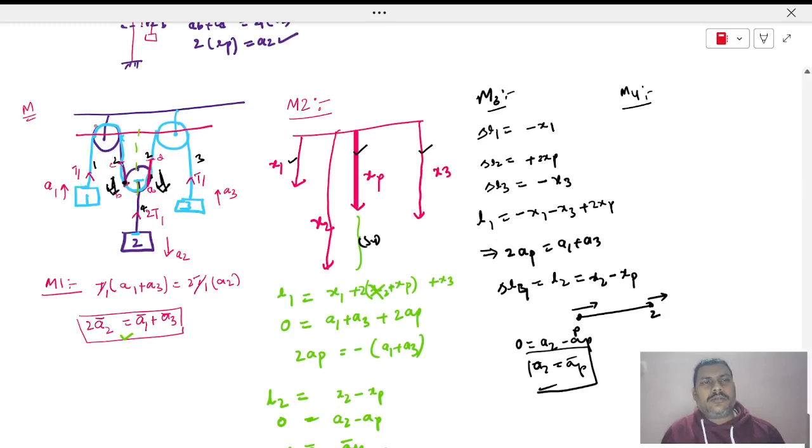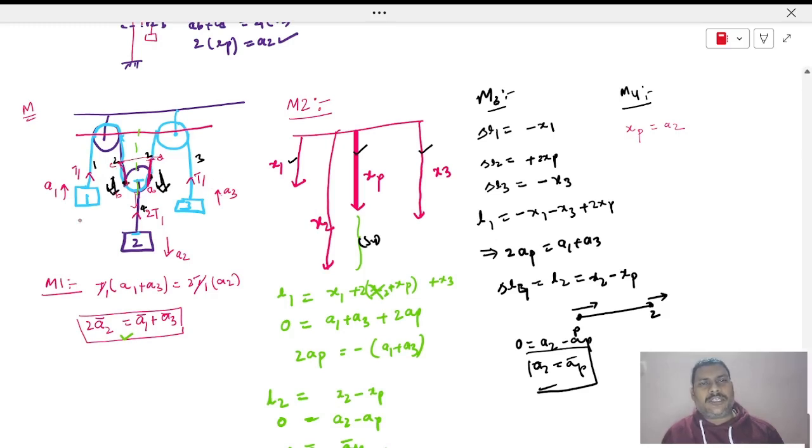So these two lengths, the pulley is coming here. The two lengths are equal to, x of the pulley is equal to A2, we know already, means A of the pulley is equal to A2. So now see, these two lengths decreasing, these two increasing.